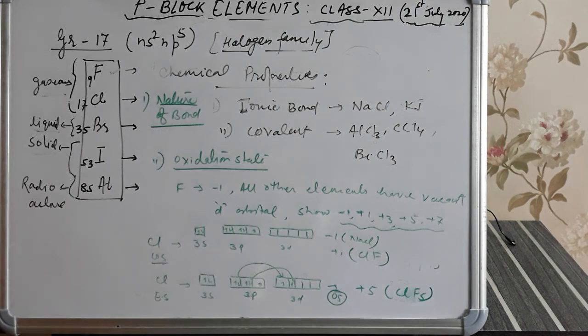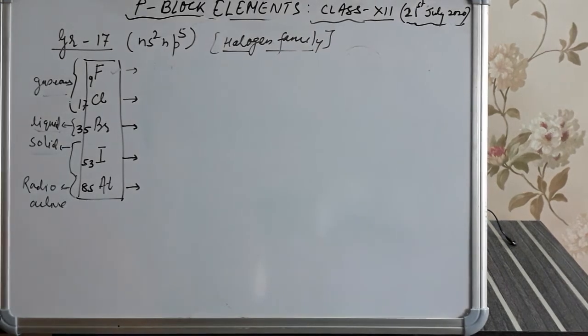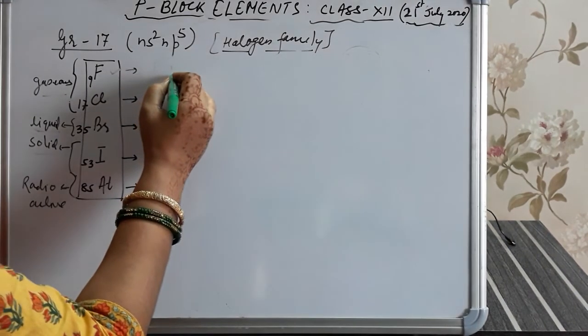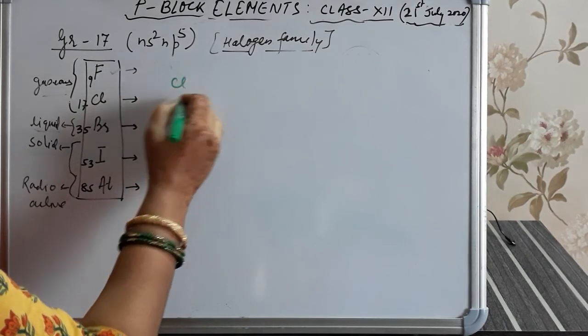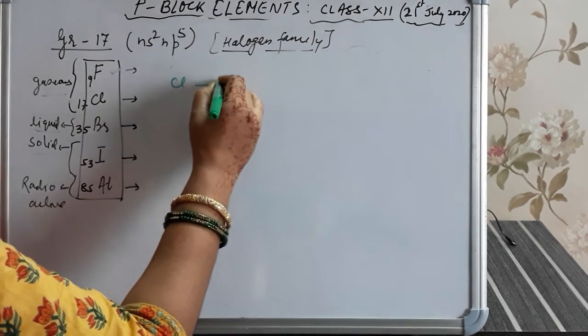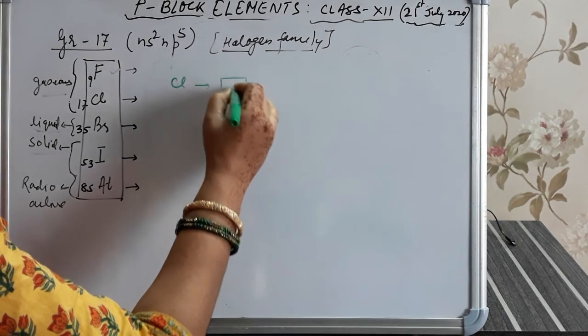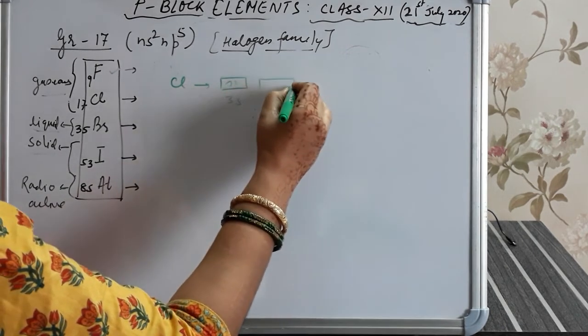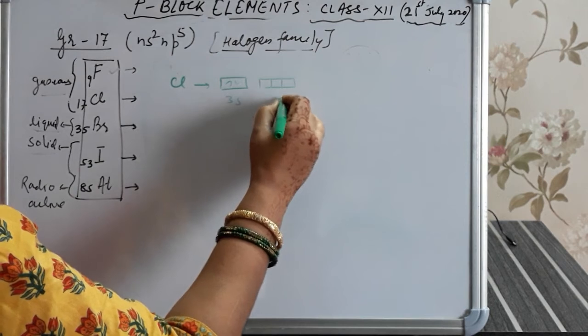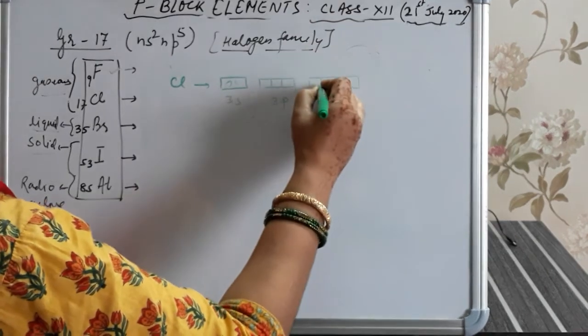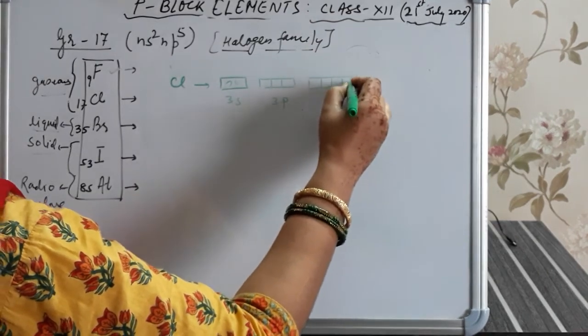See here how this happens. Chlorine: 3s2, 3p5 and 3d, 1, 2, 3, 4 and 5.